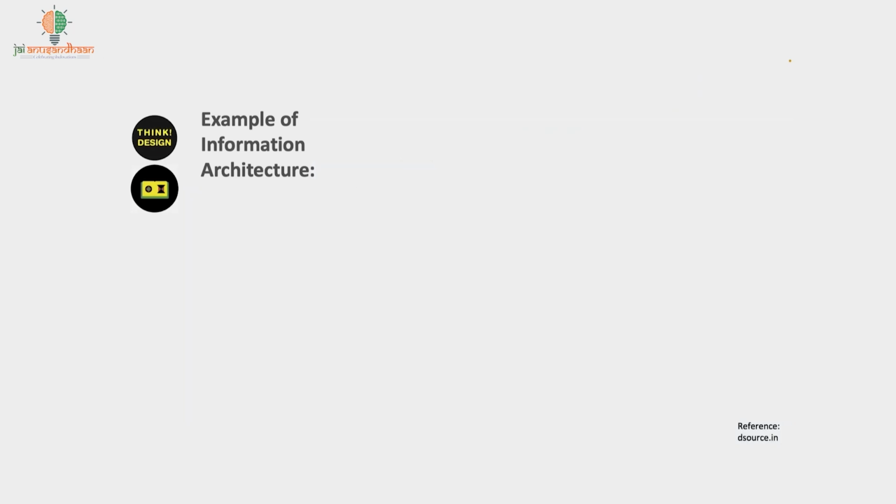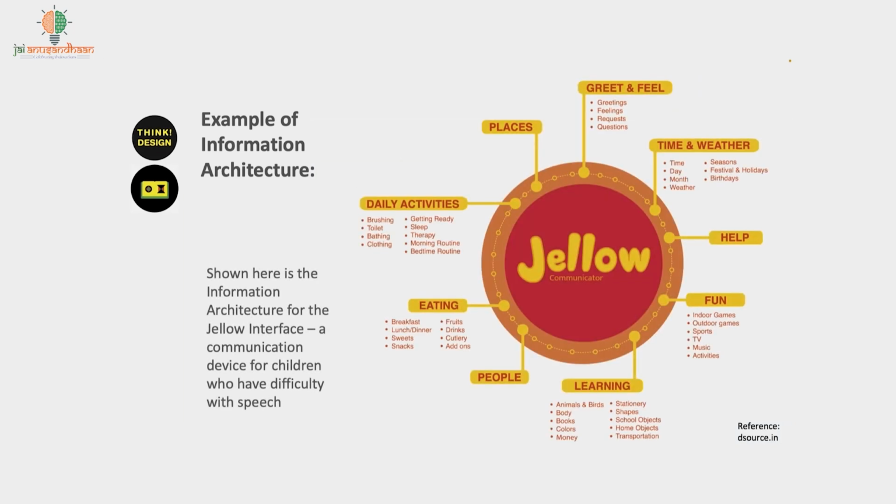Another example of it, okay, so this is the architecture of the interface for the Jello application, which is actually meant for children who are not able to speak. So the words are replaced by icons or images. When you touch the icon, it speaks it out to them.